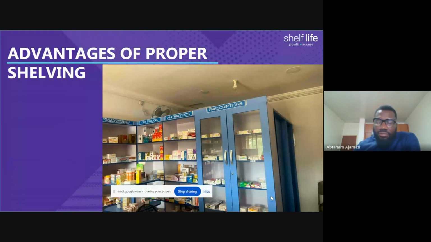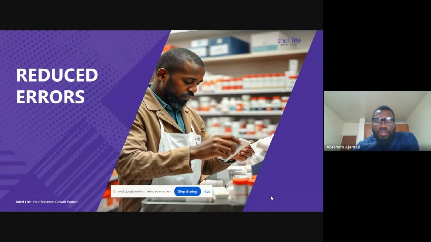Now, what are those advantages of proper shelving? First, it reduces errors. Remember, I've been talking about reducing errors regarding drug picking. Now, when your shelf is clearly labeled, it minimizes confusion between medications with similar packages or similar names. Of course, there are certain products that maybe go with the red and white color, but that particular product is an antibiotic, and you have another one that is an analgesic that also has the same red and white color, similar packaging.